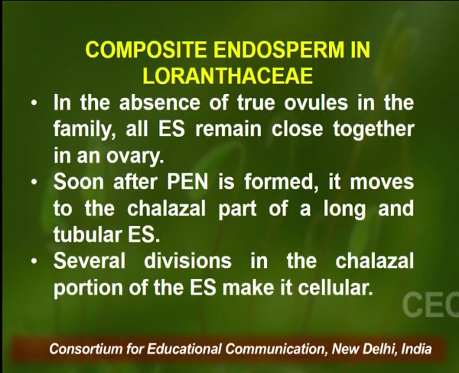Several divisions in the caulinary portion of the embryo sac make it cellular. As all the embryo sacs lie close to each other, their separating walls dissolve. Thus, cellular endosperms from numerous embryo sacs come together and form a unique composite structure which is called the composite endosperm.